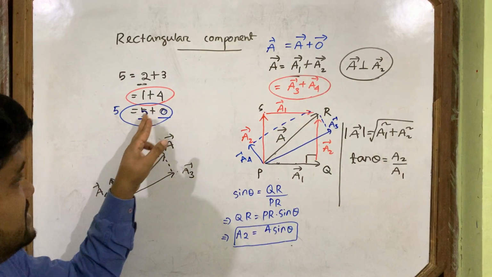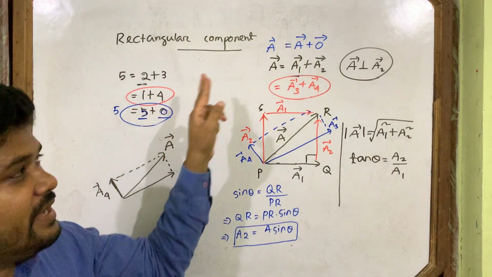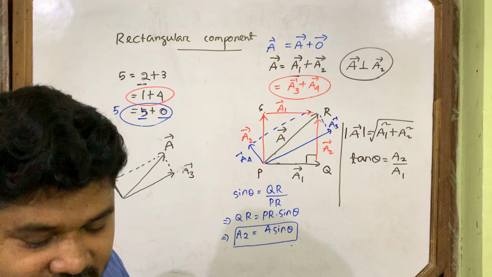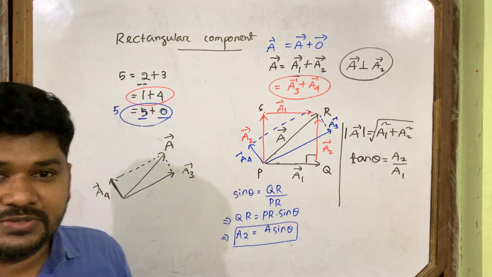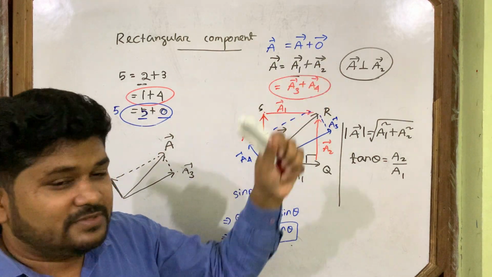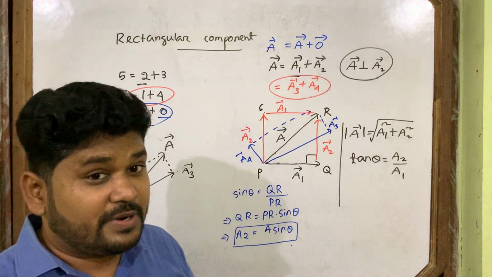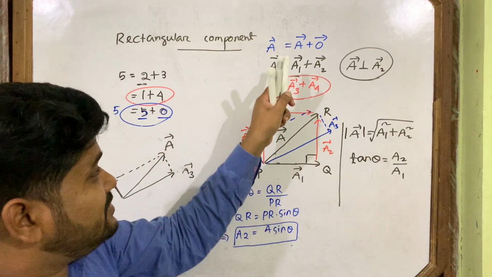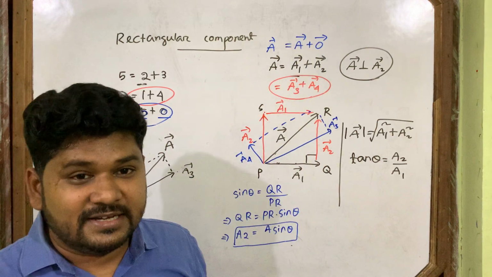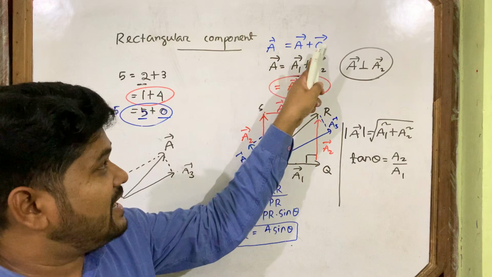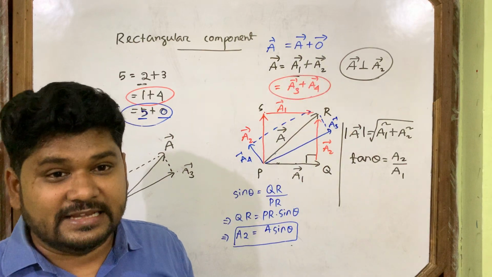But they have to be perpendicular. So the angle between vector A and a null vector is 90 degrees.